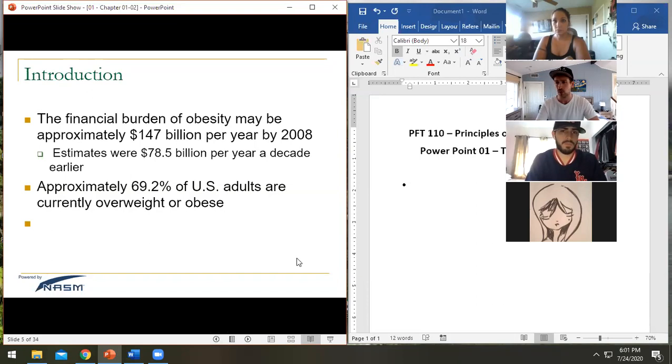So it is a pretty good way to look at a large population and say, this is the area where we need to do more fitness and nutrition workshops in elementary schools and start talking about healthy habits from a younger age. That's the kind of thing BMI is good for.